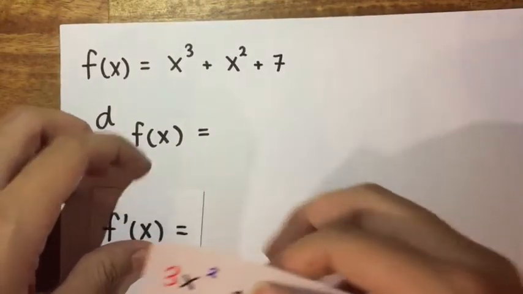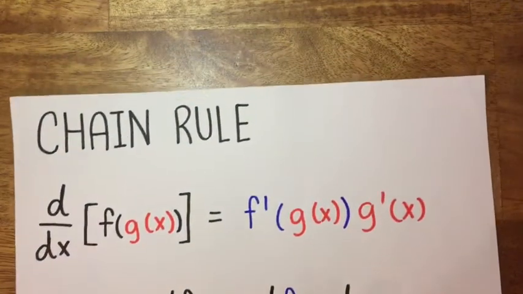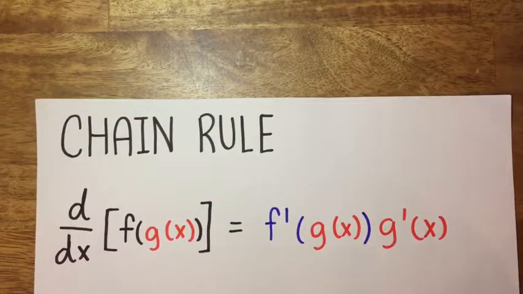Now, we are going to move on to the chain rule. The chain rule, as its name states, means the rule does not only have one part, but different parts combining in a chain reaction.